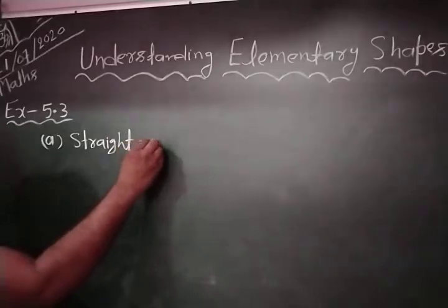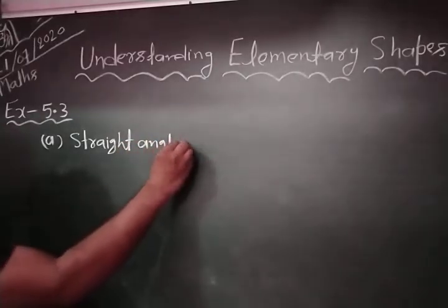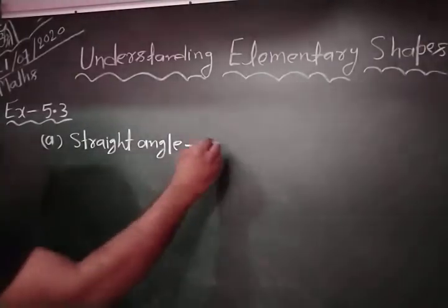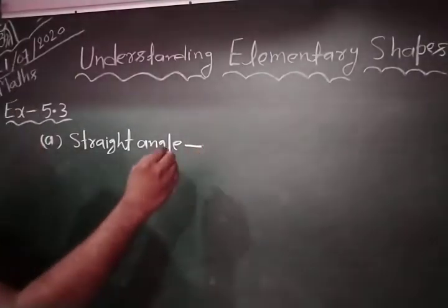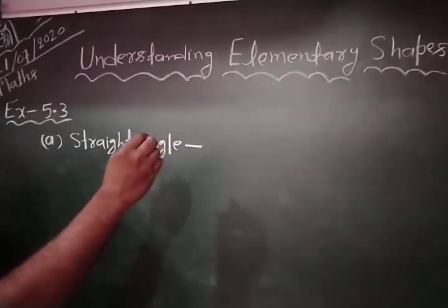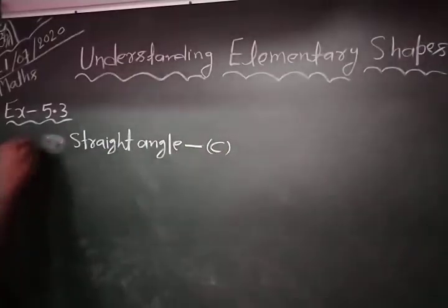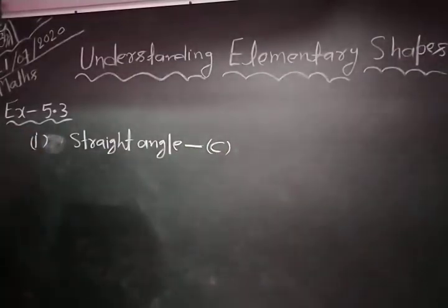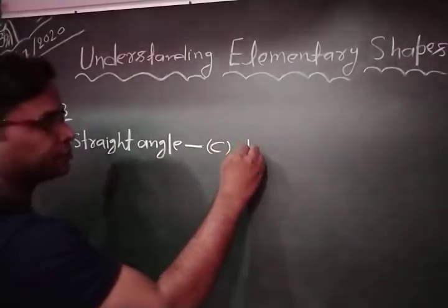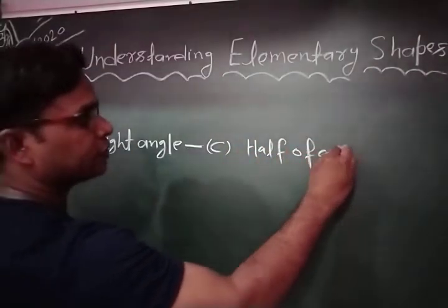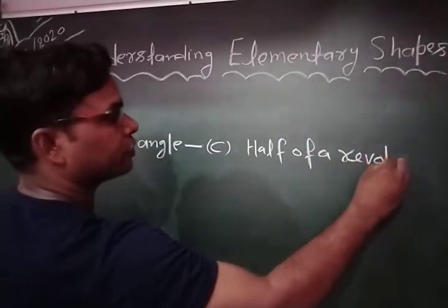What is a straight angle? You can say a straight angle is half of a revolution. This is option number C. This is the first part, and this is half of a revolution.